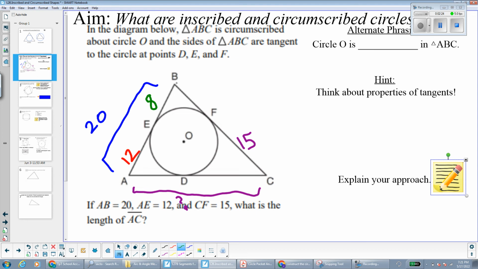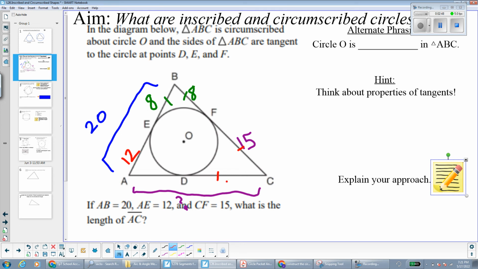If we have two tangents coming out of the same point, if BE is 8, BF will also be 8, because two tangents coming out of the same external point are congruent to each other. So if we know that FC is 15, what's DC?